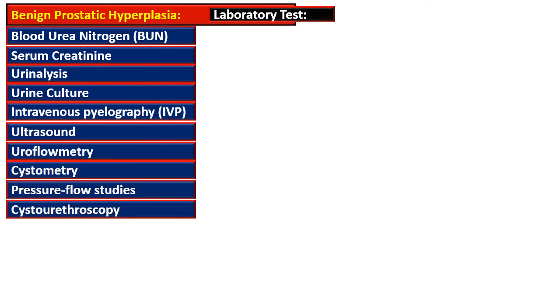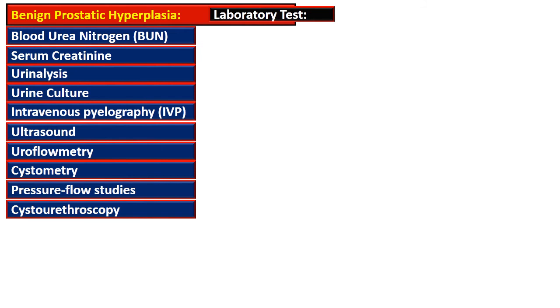The uroflowmetry, cystometry and pressure flow studies are urodynamic studies, and these urodynamic evaluations are performed to determine the functional status of the bladder as well as the outflow of the urine. In uroflowmetry, the patient voids in the instrument and various measurements are made.